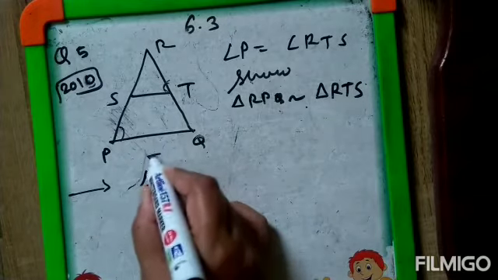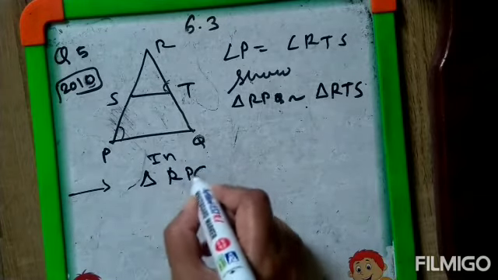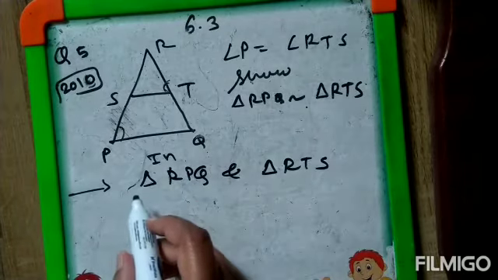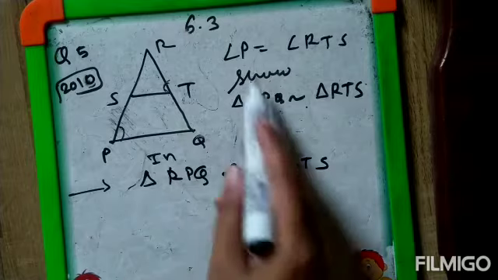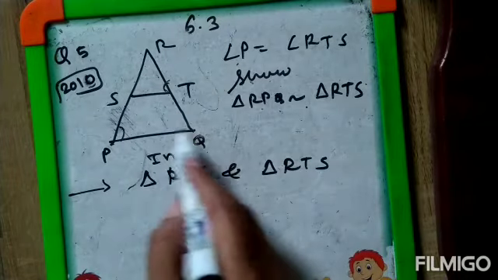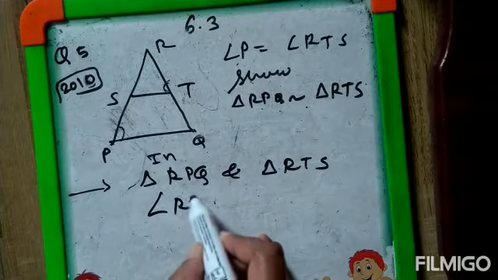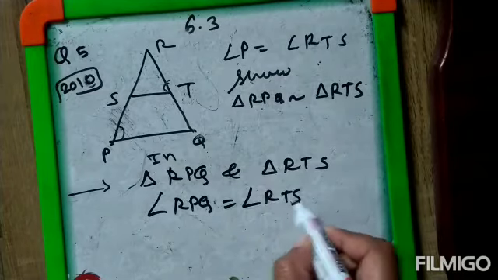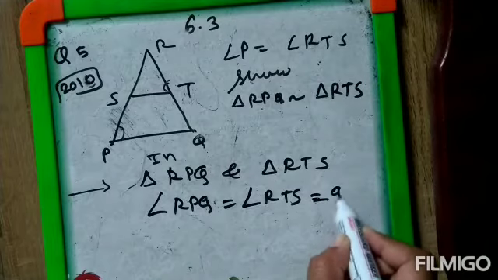In triangle RPQ and triangle RTS, what is given? Angle RPQ is equal to angle RTS. It's given.